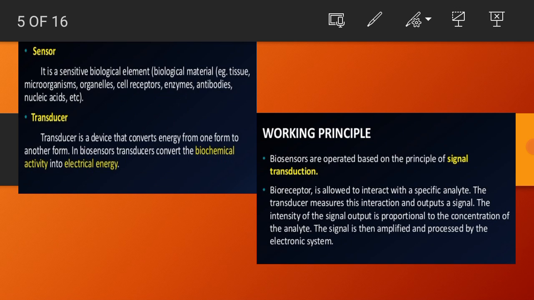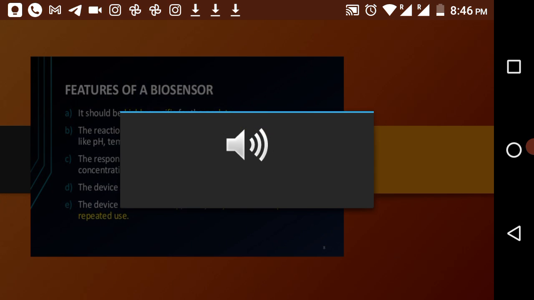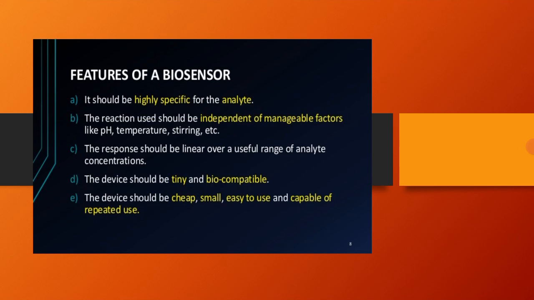Now what are the features of the biosensors? There are features for biochips also, and here are the features of biosensors. The biosensor should be highly specific for the analyte, right? It should be very specific for the analyte for binding and for carrying out the biochemical reactions.